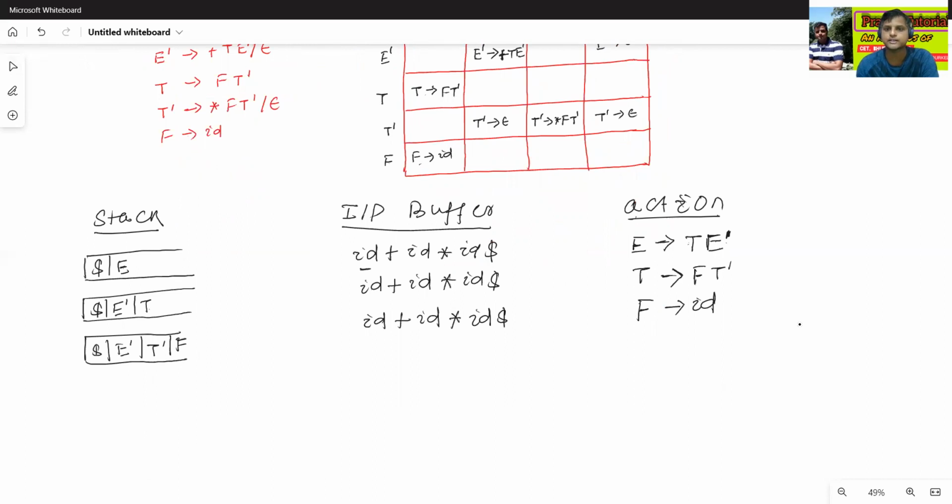Now we'll push this ID here: dollar, E prime, T prime, then ID.